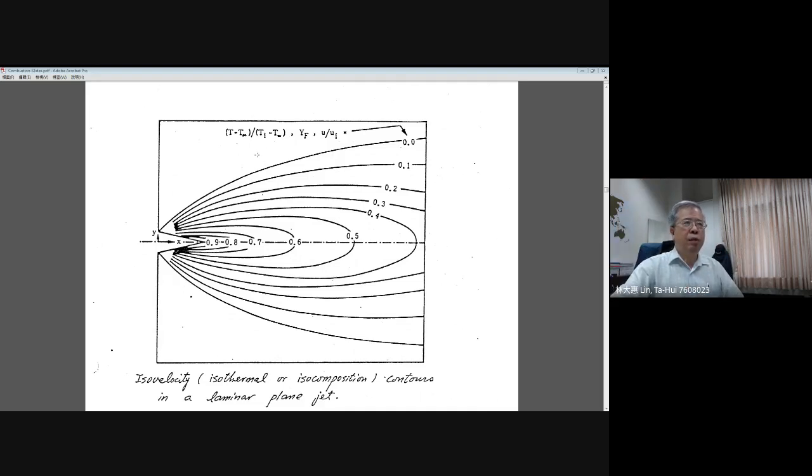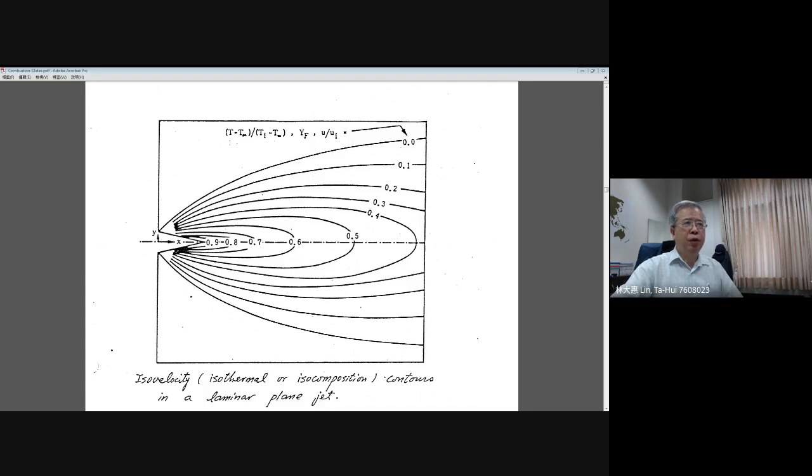Now, for those temperature variations and fuel, for example, you inject the fuel into an air environment, there is a fuel concentration gradient and also an air concentration gradient. Then those kinds of diffusion processes will give you some similar results.